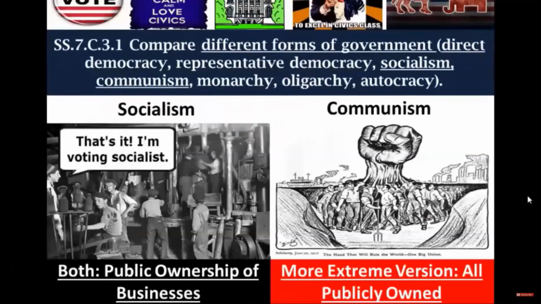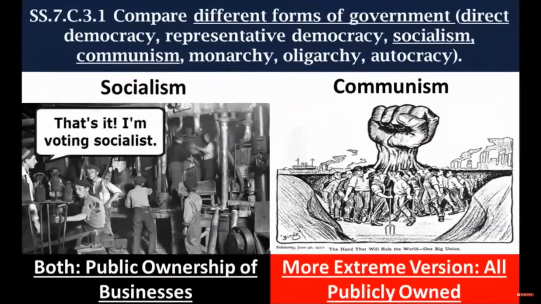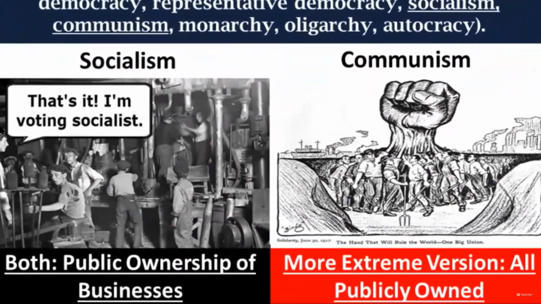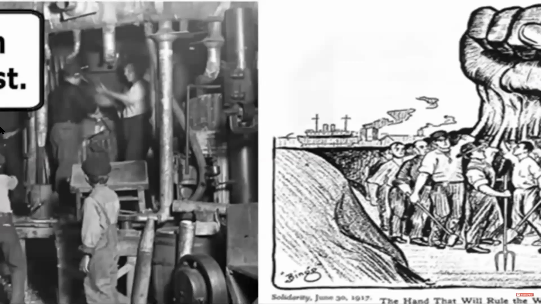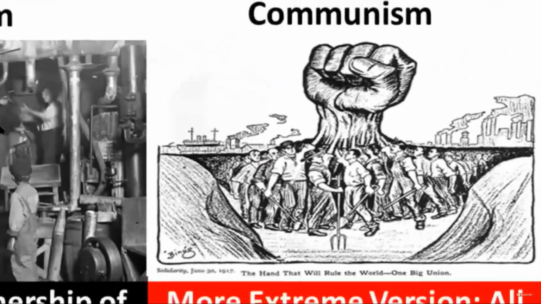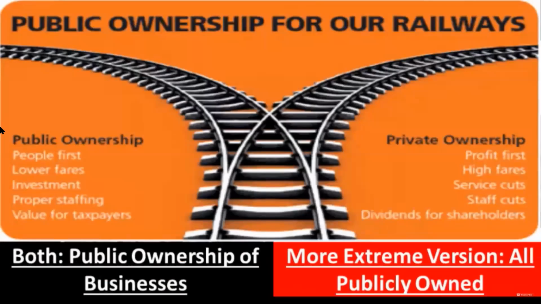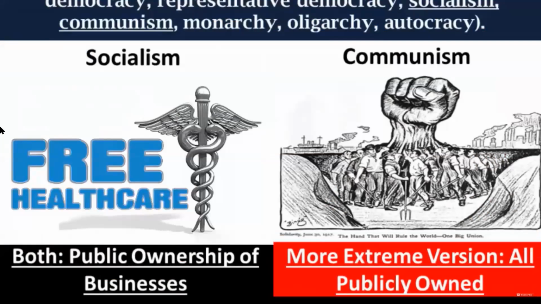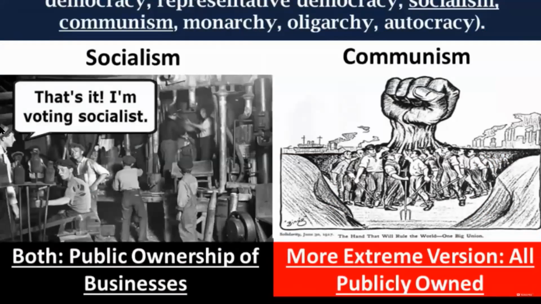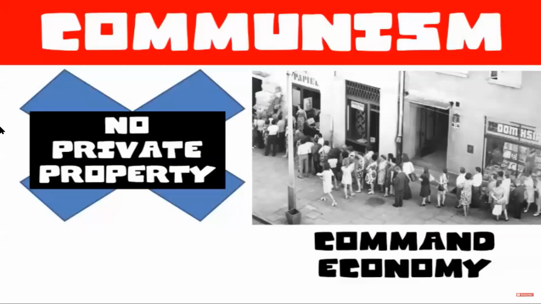Socialism and communism are very much tied together. Both forms sought to fix the imbalance between the rich business owners and the working masses. Both involve public ownership of business, which means the government owns and runs some businesses. For socialism, this might mean free healthcare and education run by the state, and the communist forms of government that developed took a more extreme approach to this idea, taking control of all businesses and private property.